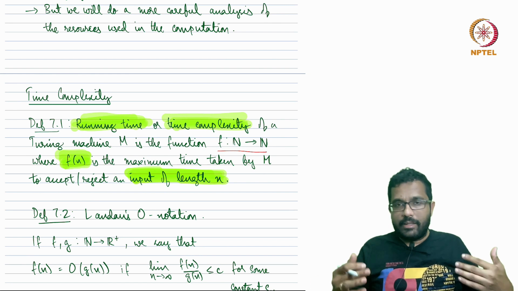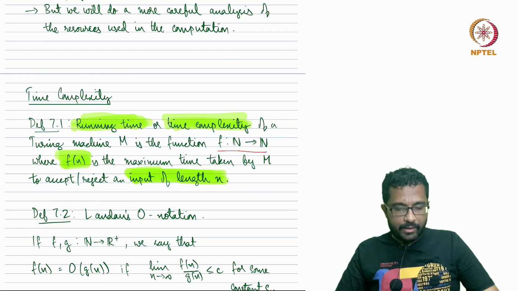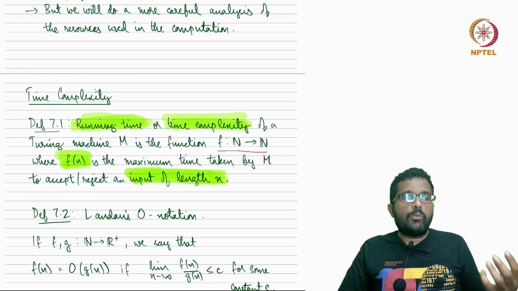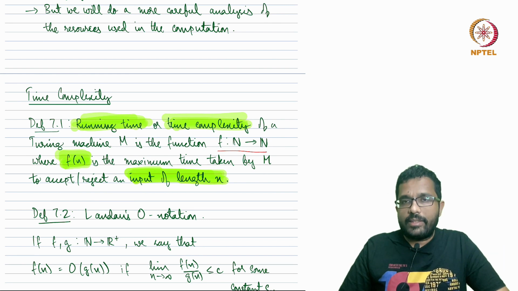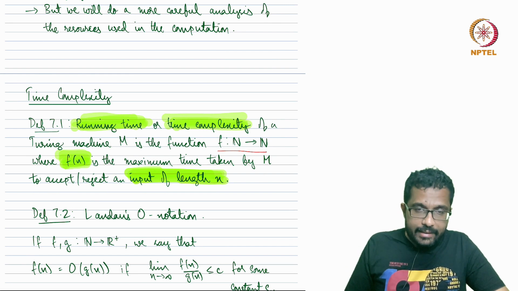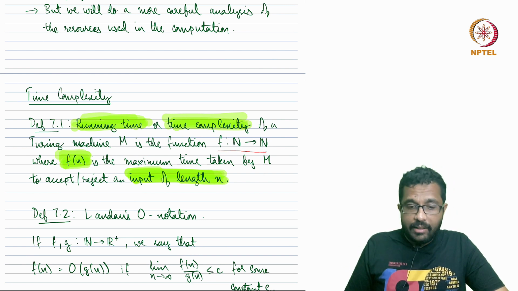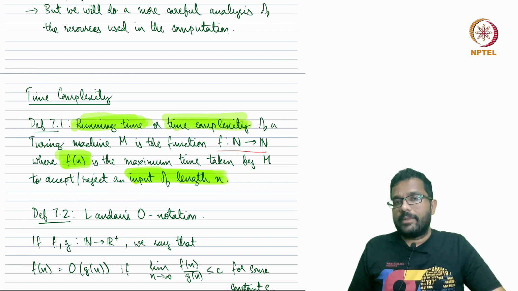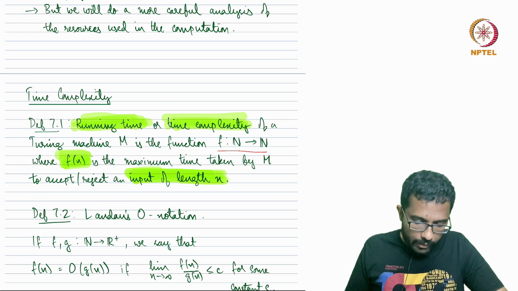If they are all the same, then the maximum is also the same. Given an input of a certain length, we want to know the maximum time it takes, and that is our time complexity. First we will be mostly looking at deterministic Turing machines. Later we'll define similar things for non-deterministic Turing machines as well.